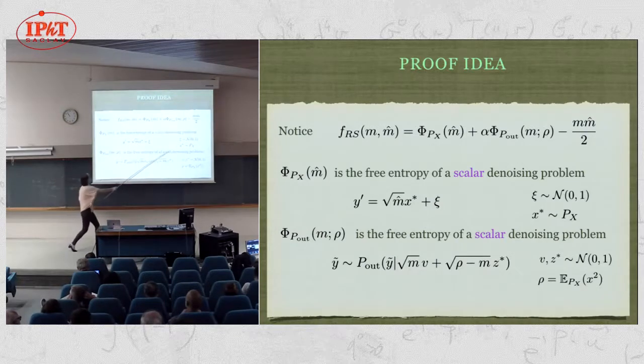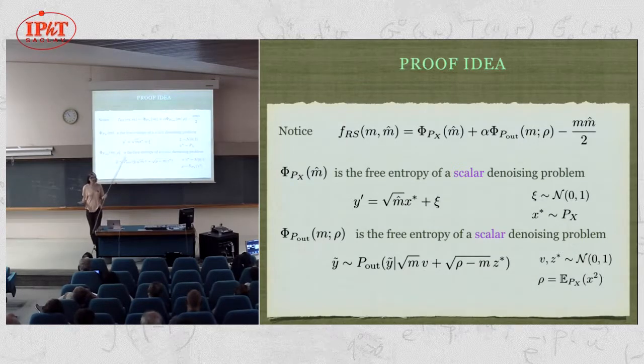And the other one is different. It's not related to the prior, but it's related to the activation function. And the variable we are estimating here is the z star, and this time I shift it, I multiply it by a constant, and then I send it through this channel. And what I observe is this y tilde, and then the goal is to get z star back from y tilde. But again, it's a 1-spin problem, so everybody can write the corresponding integral for the free entropy, and that will be that formula.